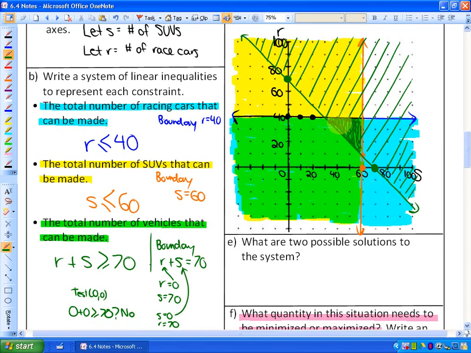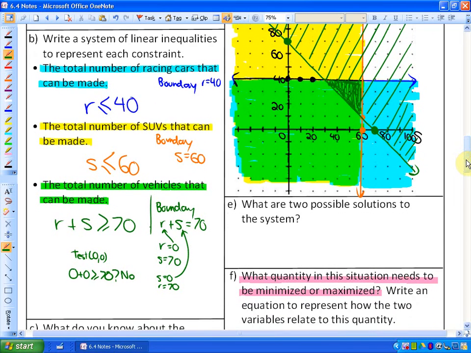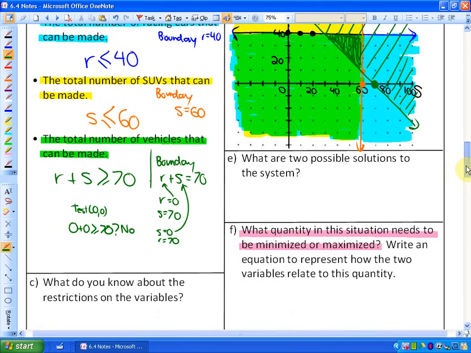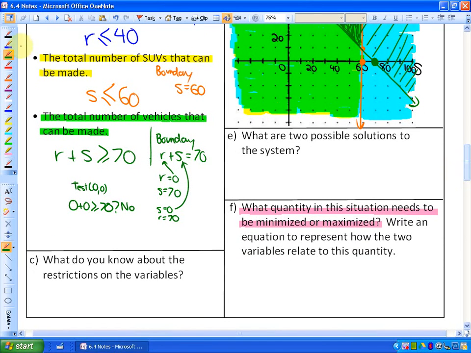All right, so part C says this: what do you know about the restrictions on the variables? Well, I can tell you right now that we know that they have to be positive integers. So if you'd like to know the solution region precisely, that's also called whole numbers.